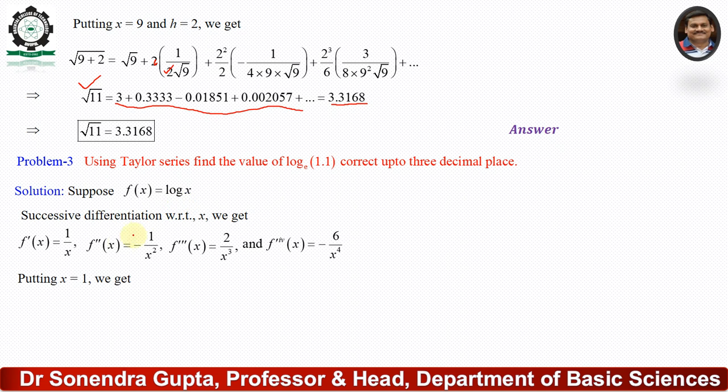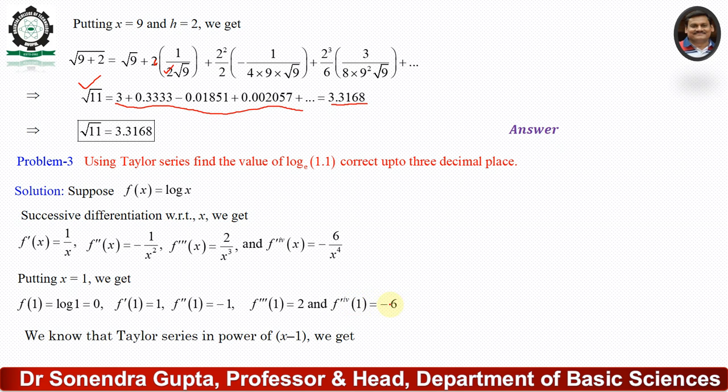Now putting x equal to 1, then we get f of 1 equal to 0, f dash of 1 equal to 1, f double dash of 1 equal to minus 1, f triple dash equal to 2 and the fourth derivative equal to minus 6.